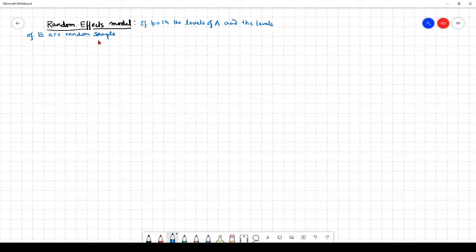In that case, we consider the random effect model. Please see the previous classes, then you can find I gave a lot of examples. Please tell me, do you understand? Follow me.